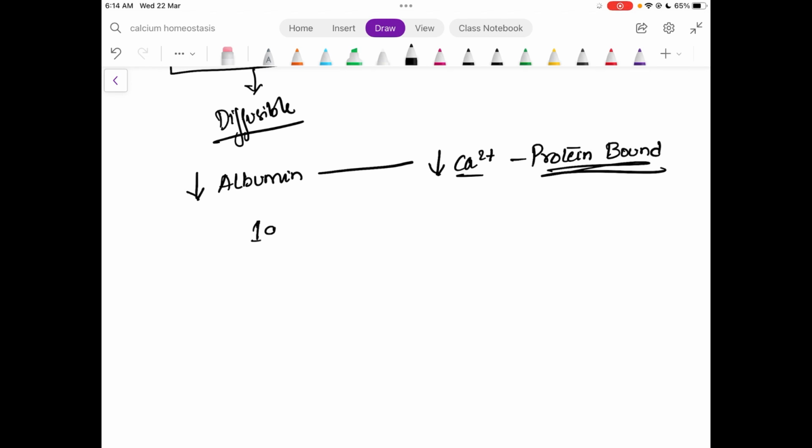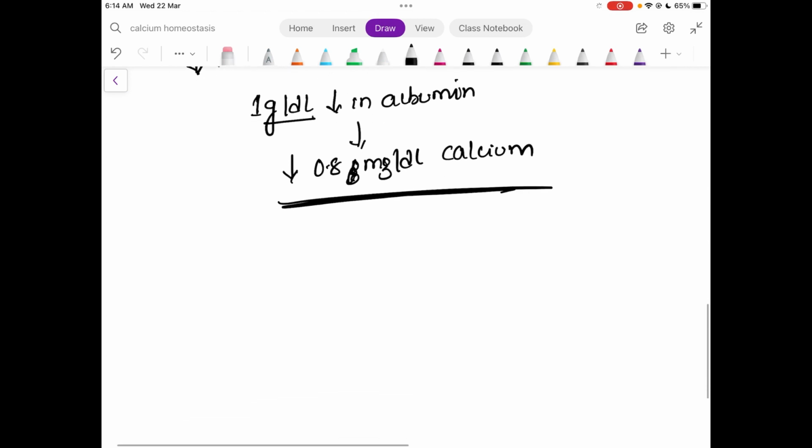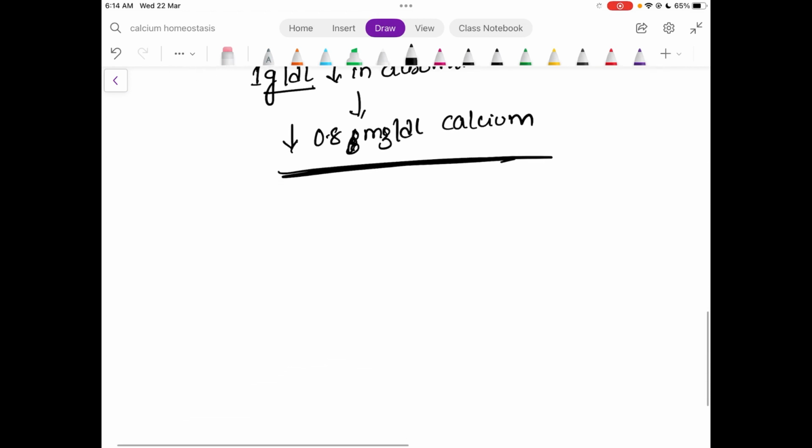For every gram per deciliter decrease in albumin, there is a decrease of 0.8 milligrams per deciliter calcium level.